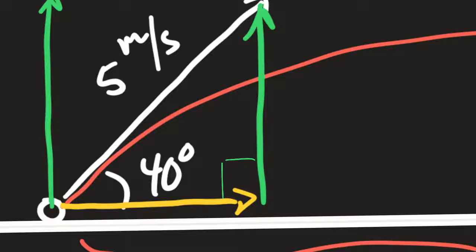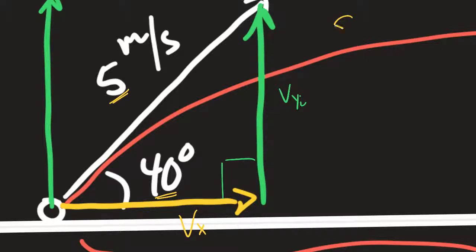This green arrow represents the initial y velocity. That's the y velocity it will have at launch. The yellow arrow represents the horizontal velocity. And I hope you guys notice this is a triangle. It fits all the rules of our right triangles. I have an angle and I have the hypotenuse.